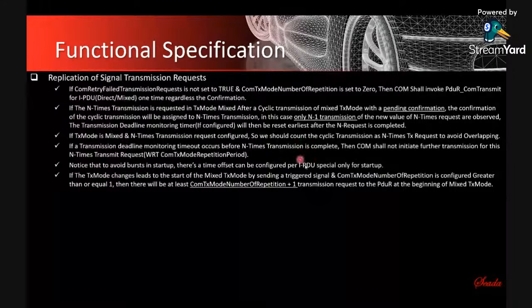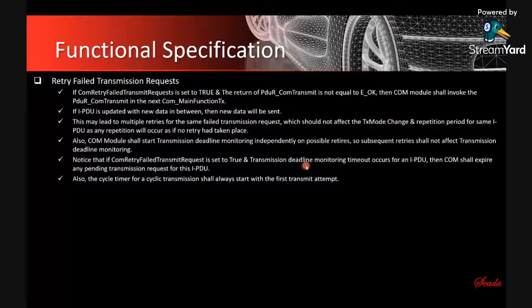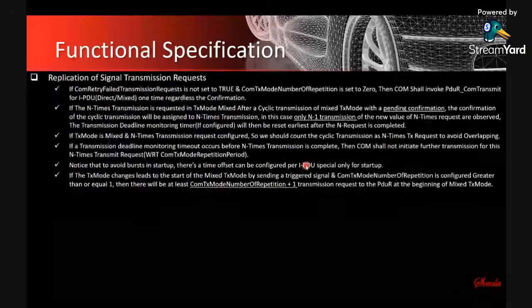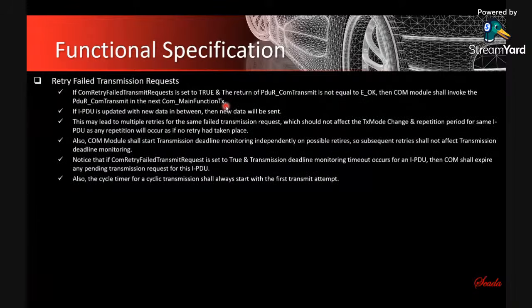Great. So the second concept, retry failed transmit requests, which we set to false. Why do we set this to false in the replication? Because if it's true and the signal fails, it will be transmitted again, and we don't need this because we have a number of repetitions. If retry failed transmission request is set to true and PduR_ComTransmit returns E_NOT_OK, for example, then the COM module shall invoke PduR_ComTransmit again.